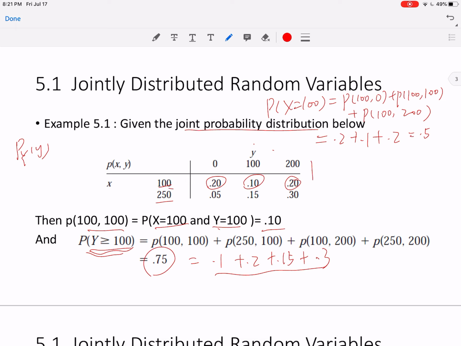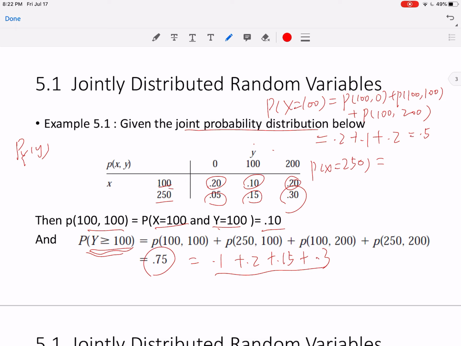All right, similarly, x is equal to 250. We just need to guarantee x is 250. Y could be any number: y could be 0, y could be 100, y could be 200.